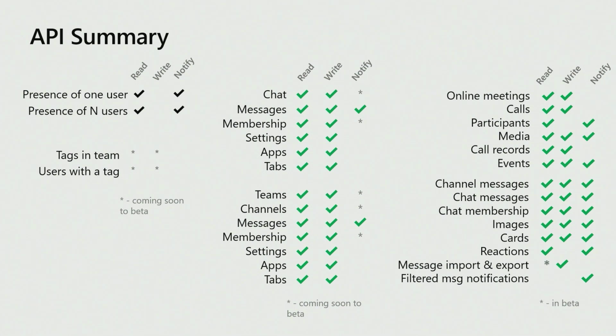And how we already have the same sort of thing for channels. We talked about working with events and online meetings, how you can schedule a meeting using Graph. And we talked about some of the functionality available for messaging, some of the compliance archiving scenarios, the migration scenarios.